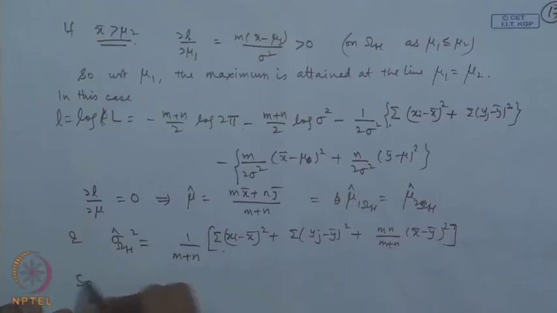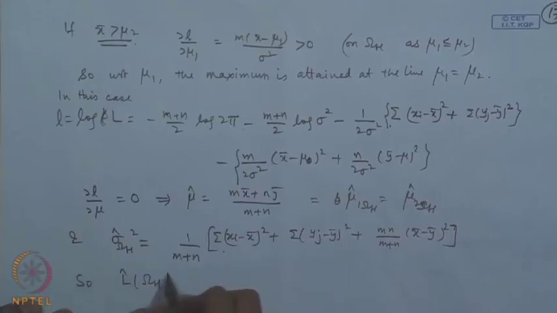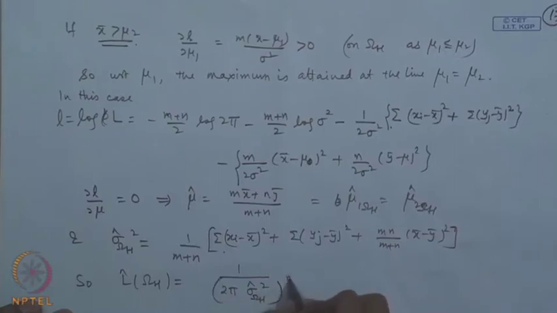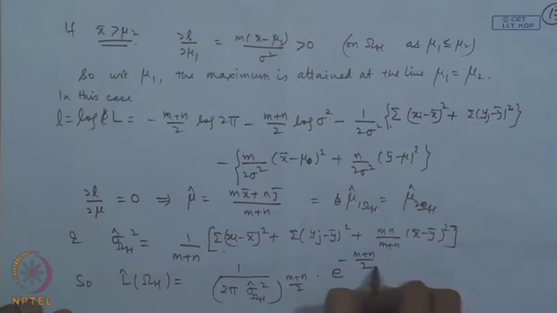So, L head omega h becomes equal to 1 by 2 pi sigma omega h square to the power m plus n by 2, e to the power minus m plus n by 2.